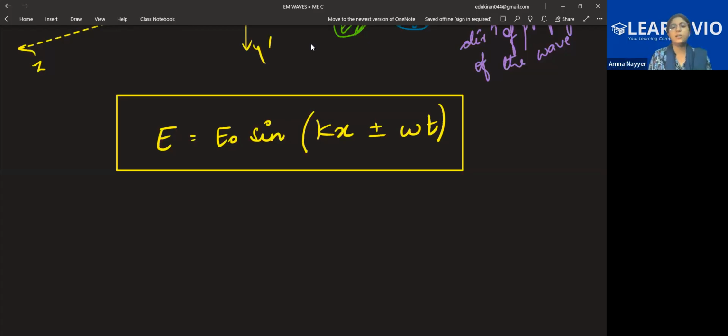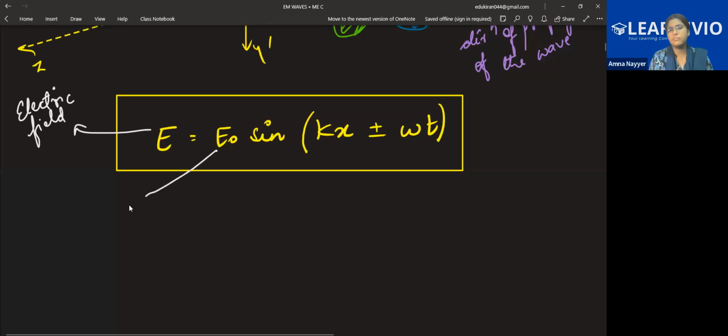What is E? This is how we write the equation: E is equal to E naught sine of kx plus or minus omega t. Let us understand this further. E is the electric field. This is very easy. What is E naught?